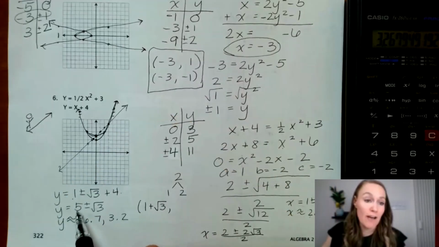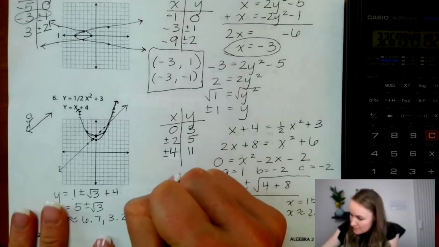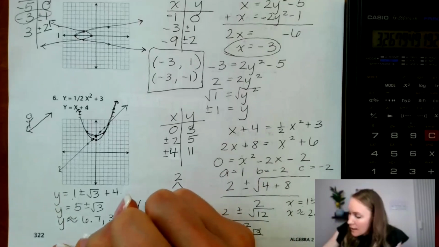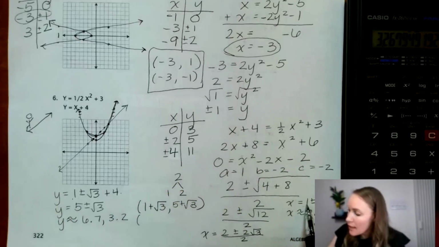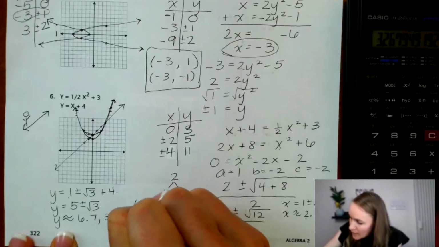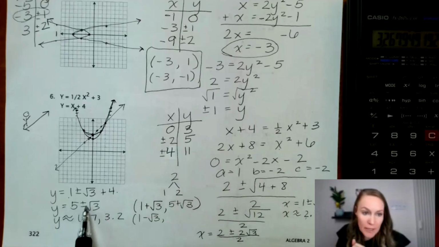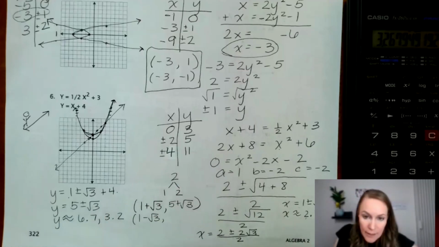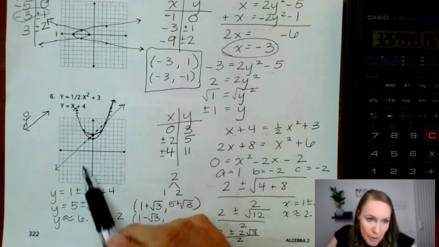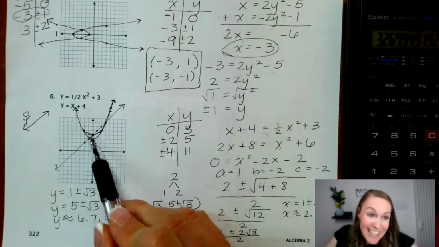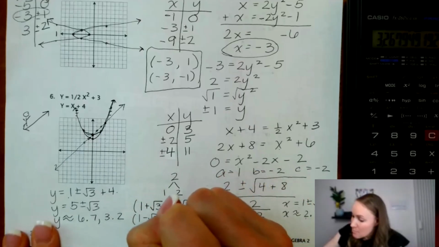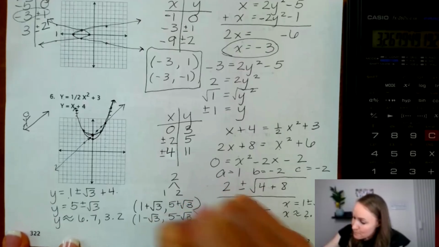So that matches up with 5 plus root 3. Now my second case, x equal to 1 minus root 3. Does that match up with 5 minus root 3? Negative 0.7, about here, is that approximately 3.2? 1, 2, 3. Yes, that matches up really good. So 5 minus root 3.